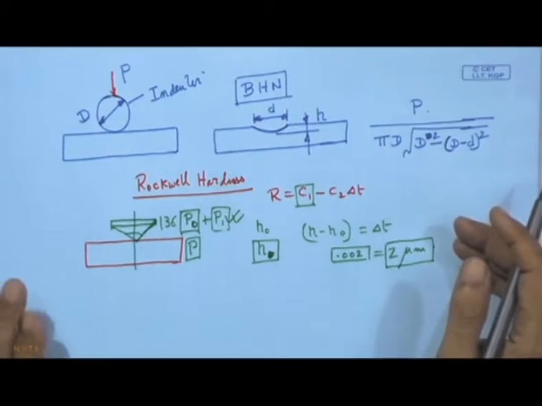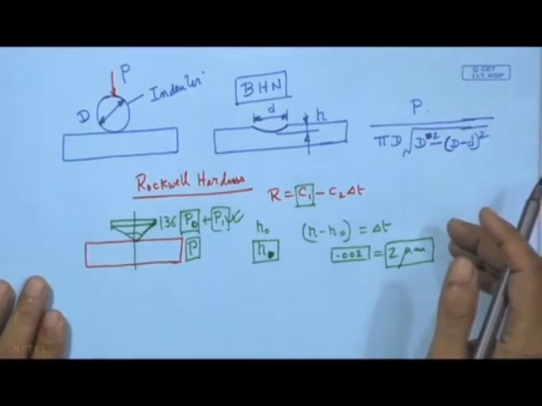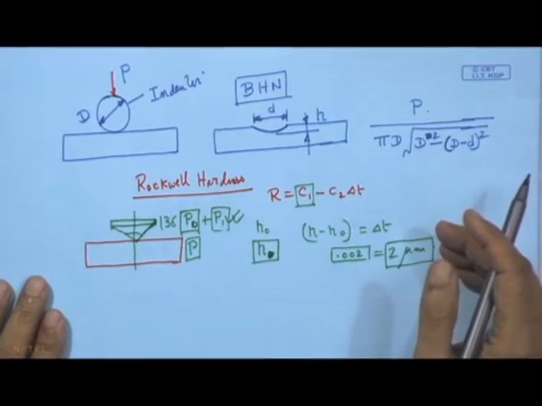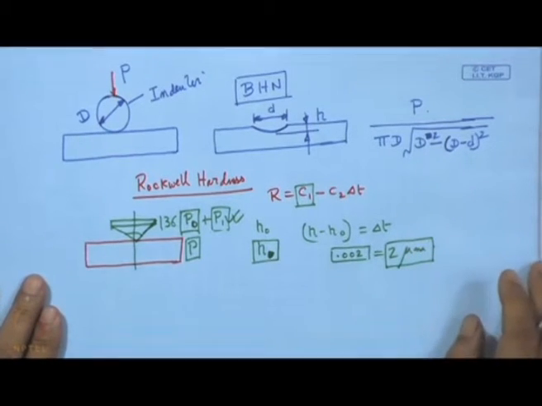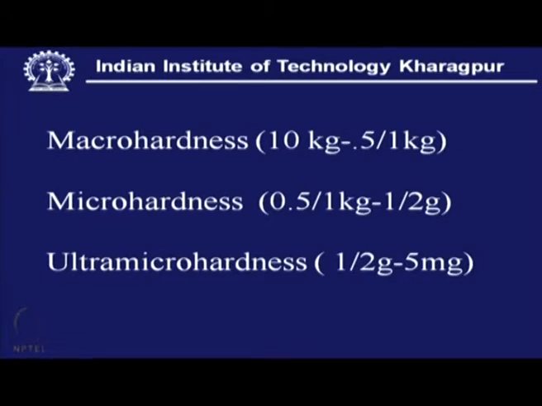Now, these are the two, though they are useful, but they are in the domain of macro hardness, and in the macro hardness we have also seen that the load is quite high, and with this load normally the bulk hardness is assessed. Now comes the micro hardness.